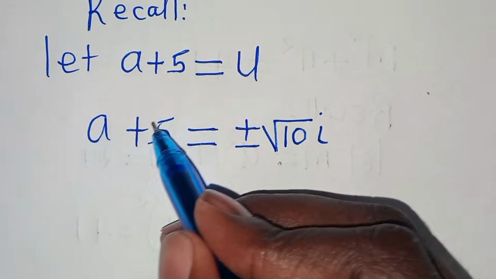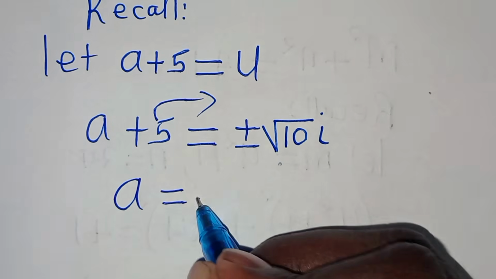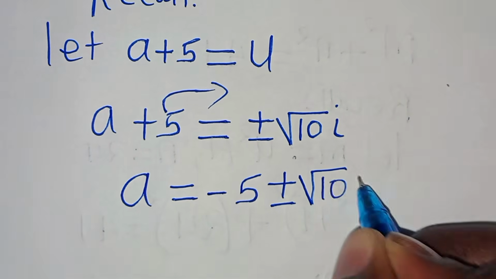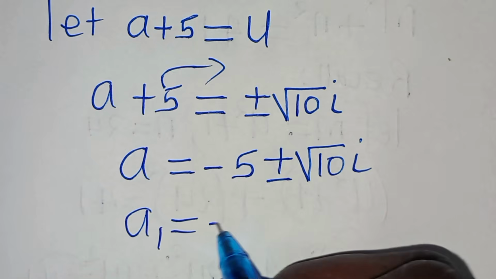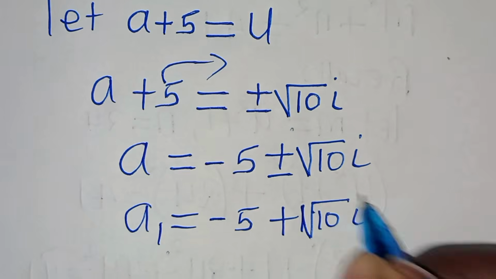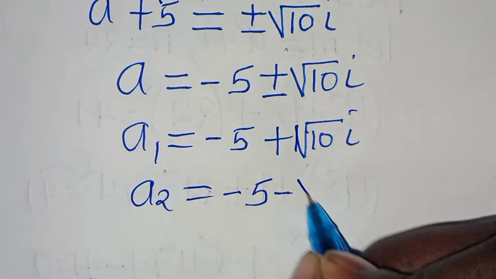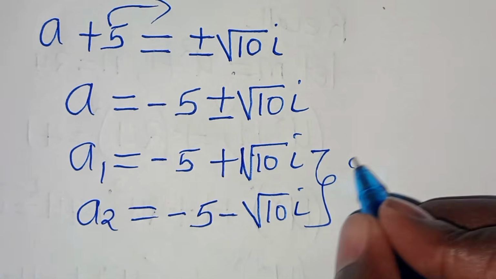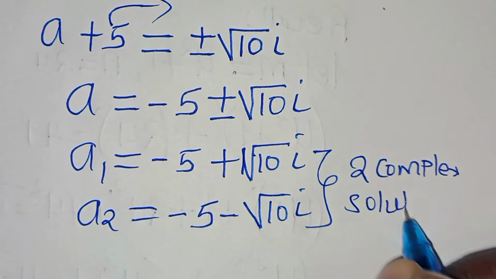Now, for a, let's take plus 5 to the right hand side, so that we have a is equal to negative 5 plus or minus square root of 10i. So now we can split this and have a1 is equal to negative 5 plus square root of 10i. Then we have a2, this is equal to negative 5 minus square root of 10i. Now these are two complex solutions for this algebra problem.